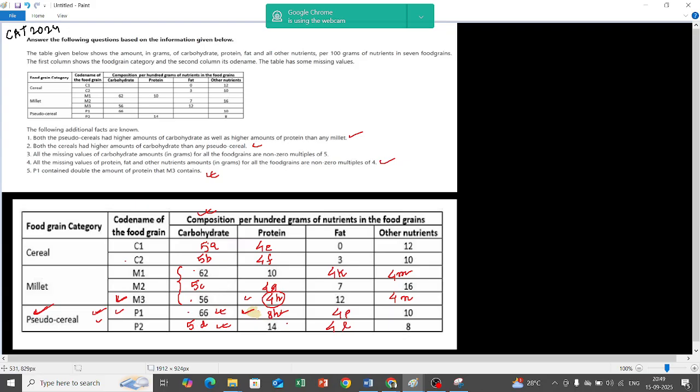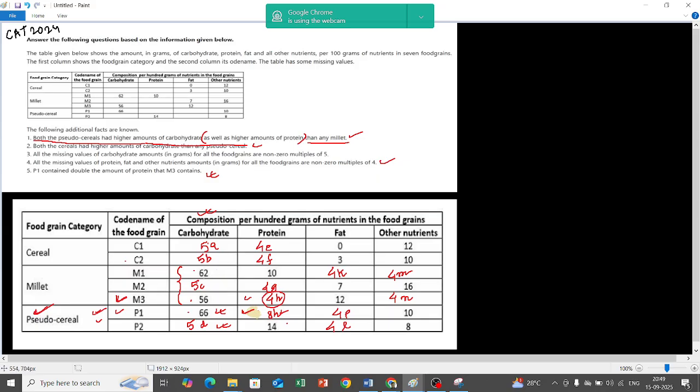Now try to understand the meaning of this statement, that both the pseudo cereals had higher amounts of carbohydrates. Forget about protein, you don't have to consider that now. Both the pseudo cereals have higher amounts of carbohydrate than in millet. That means whatever carbohydrates are present in M1, M2 and M3, pseudo cereal always has more than the carbohydrates present in any of them.